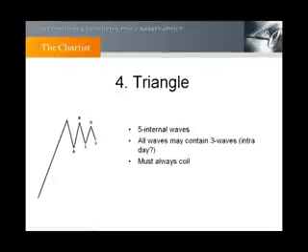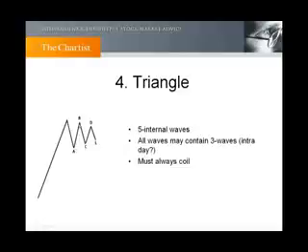One of my favourite patterns is a triangle, and this is a classic Elliott wave triangle rather than a micro triangle that I talk about in adaptive analysis. Now the difference is that an Elliott wave triangle has 5 internal waves, and usually, and it may be on an intraday basis, those internal waves all contain 3 waves each.